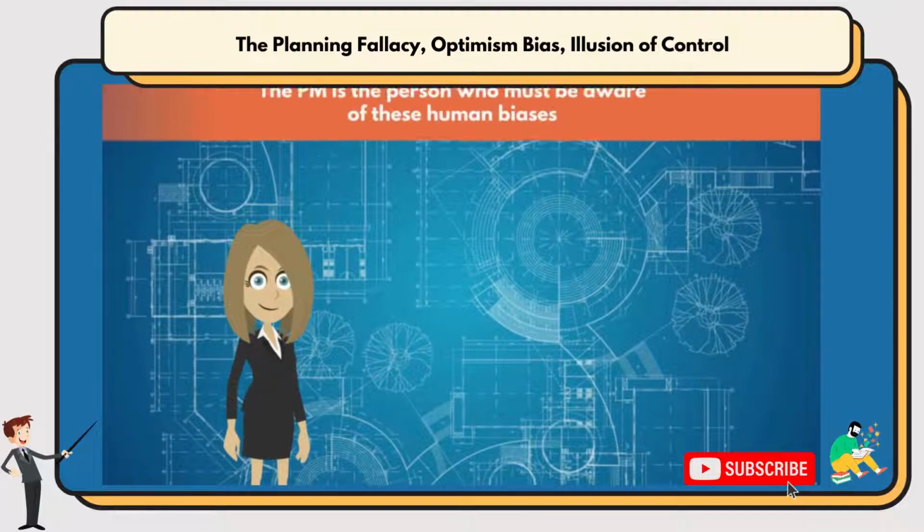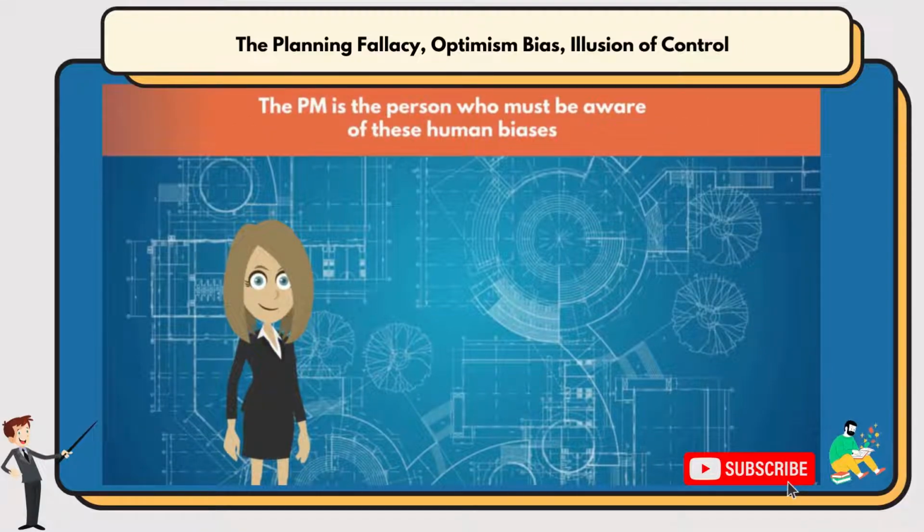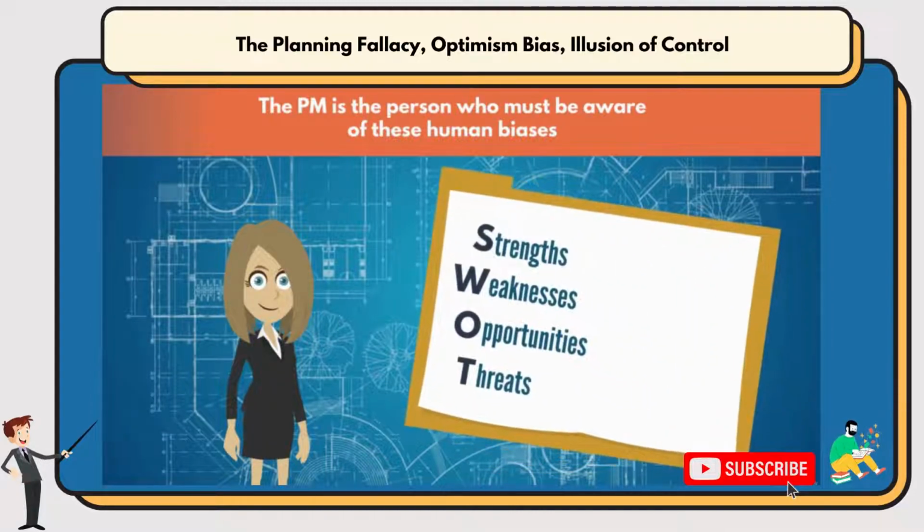The project manager is the person who must be aware of these human biases. One effective way the project manager can try to make themselves aware of events that may slow a task down is to perform a SWOT analysis. So on top of taking all available opportunities and working off the strengths, a project manager can also limit weaknesses and protect against threats to creating a realistic plan.